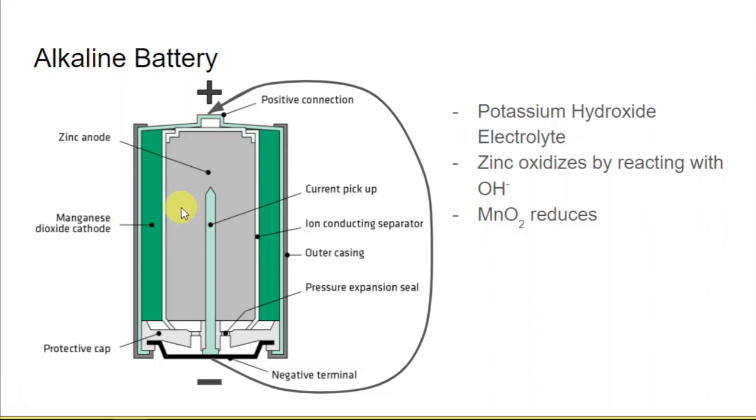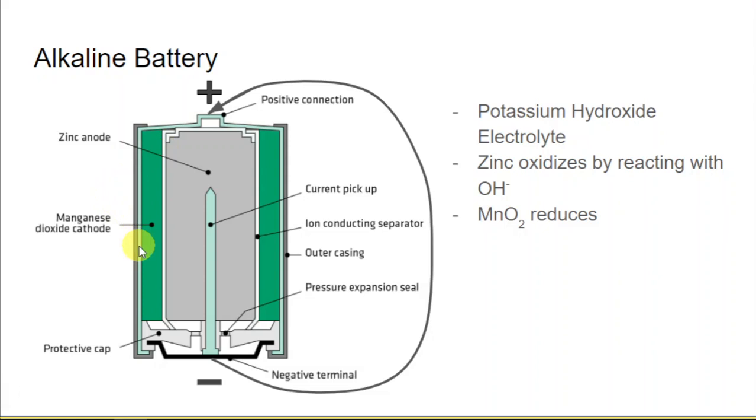Just a side note, there's often going to be graphite powder mixed in the cathode to help conduct electricity, or in other words, to help the electron transfer to the manganese to help reduce it. Graphite is one of the rare covalent networks that will conduct electricity, and that's super useful because it doesn't easily corrode like most metals, so it's useful in batteries.